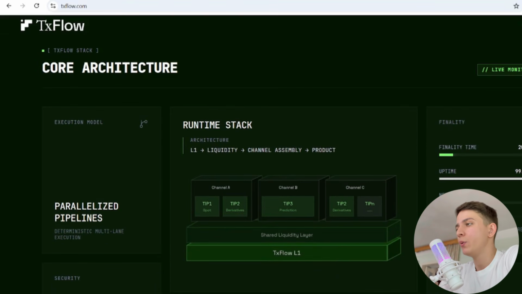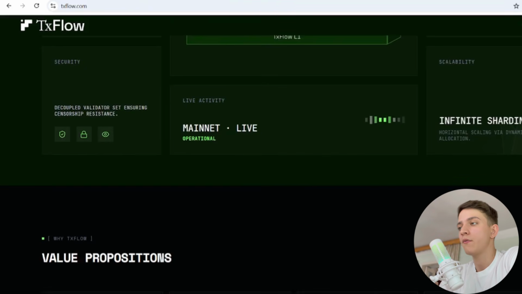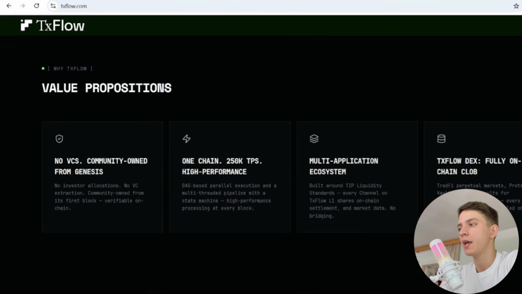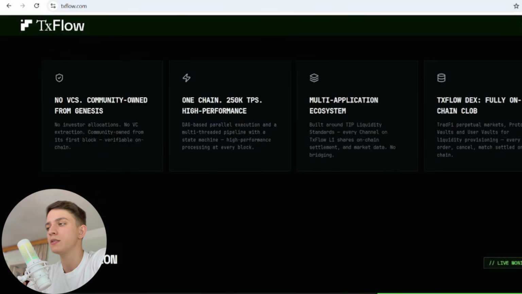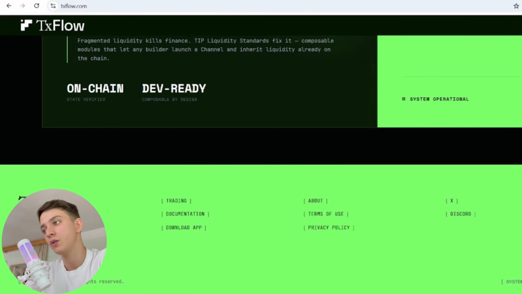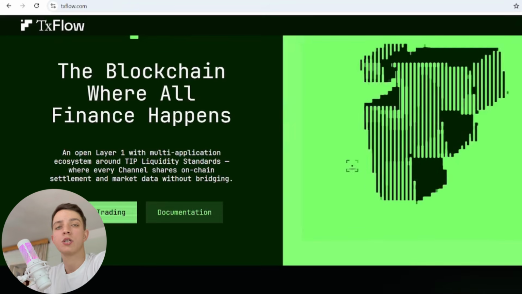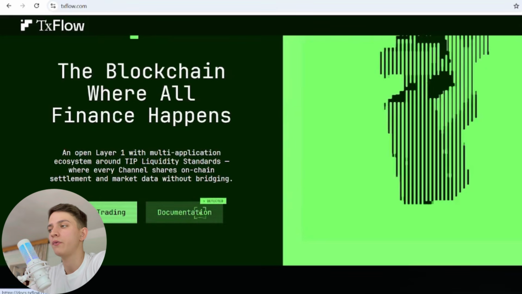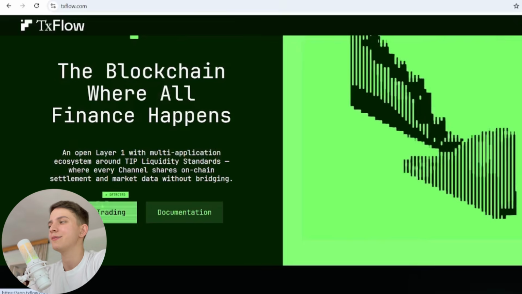It's no VCs, community owned, no investor allocations, community owned from Genesis, verifiable on chain, 250k TPS, tag based parallel execution enables high transaction throughput and a multi-threaded pipeline with state matching enables high performance transaction processing, multi-application ecosystem, TxFlow DEX fully on-chain, and the vision and next steps so that you can start trading, guys.